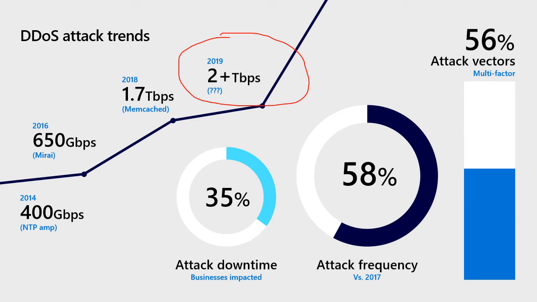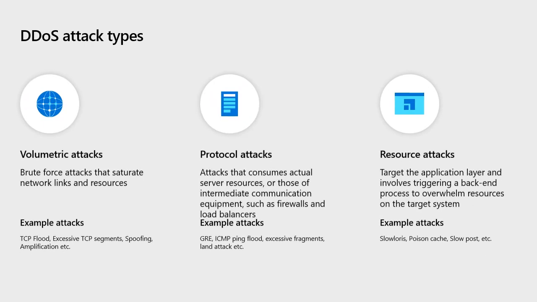The key thing to remember on this slide is that the attack downtime increases over time, and the attack frequency has increased even before. There are also studies and research that indicate that even DDoS attackers use cloud services, as well as zombified PCs and mobile devices.